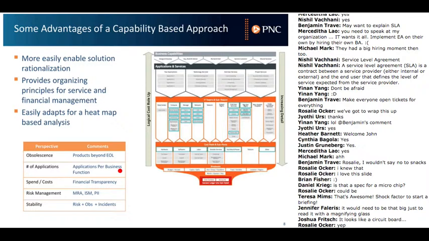I'll use a real-world example from PNC. Years ago, we had a customer relationship management system that was for our retail customers and a separate one for our wealth management customers. In essence, they were the same.